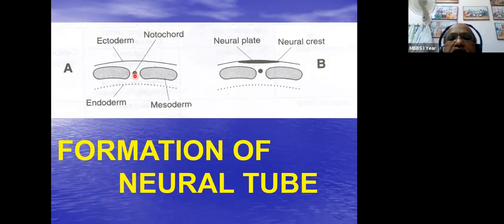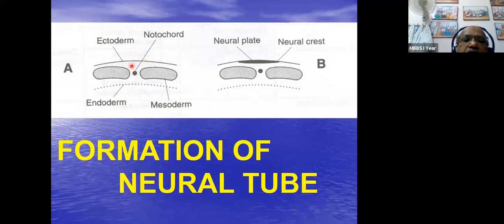It is considered the primary organizer for the development of the nervous system. Primary organizer means it stimulates the ectoderm present dorsal to the notochord. This part of the ectoderm present dorsal to the notochord is called neuroectoderm.